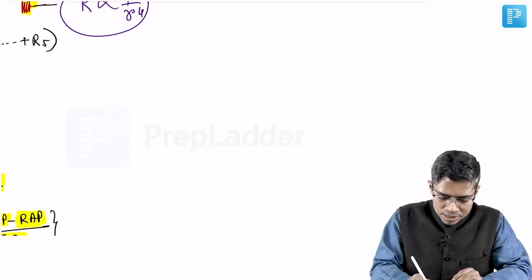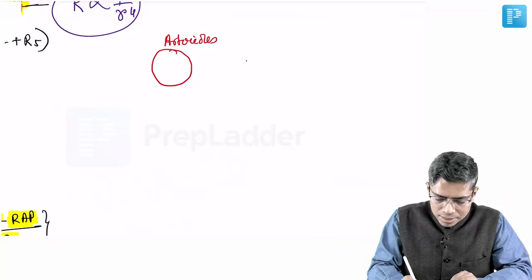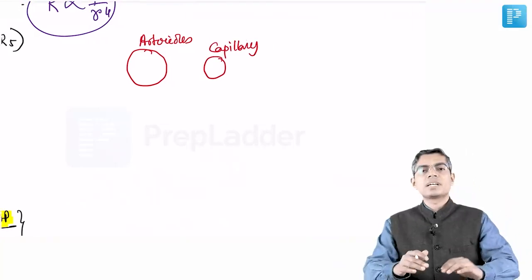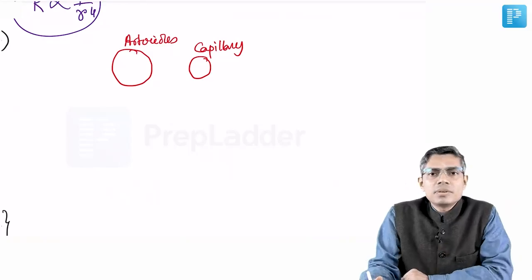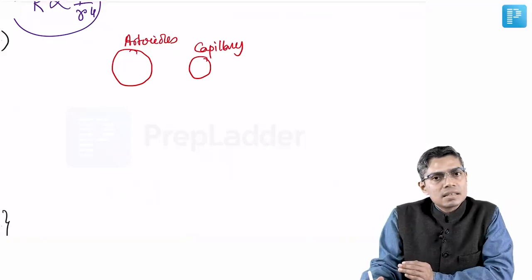So look at, this is the arteriole and this is the capillary diameter, suppose. So the diameter or radius of the capillary is much lesser than that of the arterioles. So maximum resistance should be exerted at the level of capillaries, but it is not that. It is at the level of arterioles.